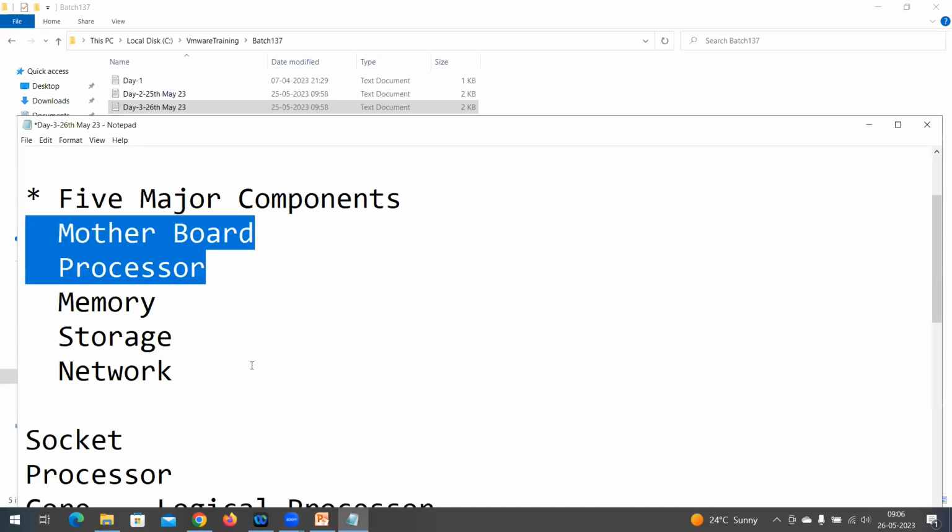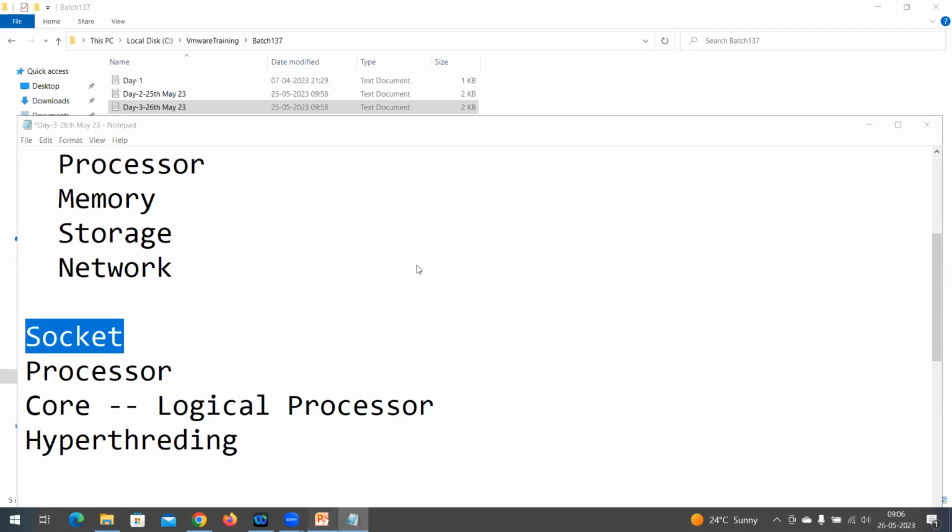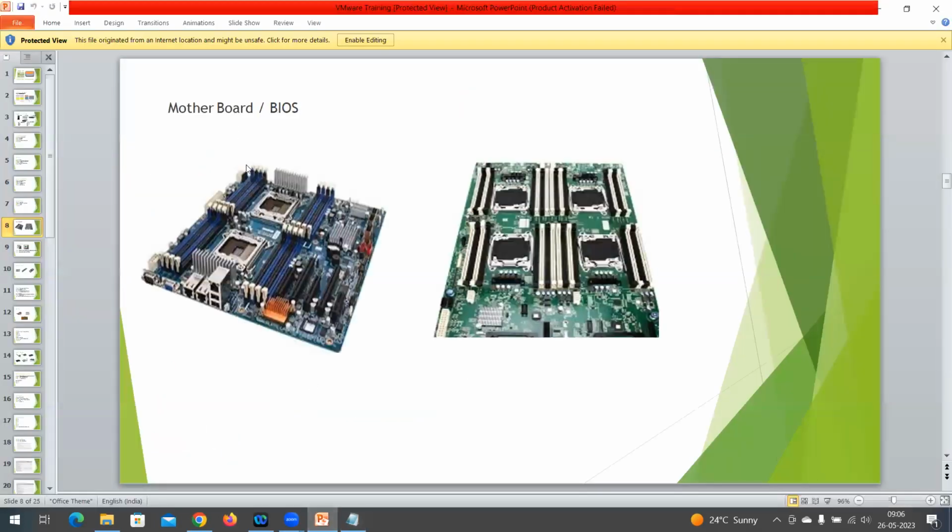The important points to remember from yesterday's session: what is a socket? Whatever system we work on will have a motherboard, and on that motherboard all 5 major components, the processor, memory, storage, and network, connect.